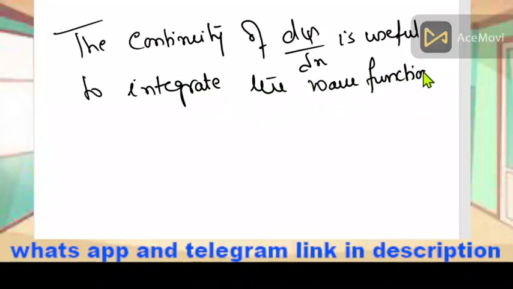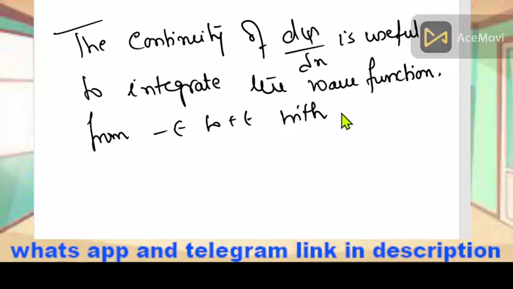Integrate the wave function from minus epsilon, say, to plus epsilon, with the limit epsilon tending to 0. So what does this mean?